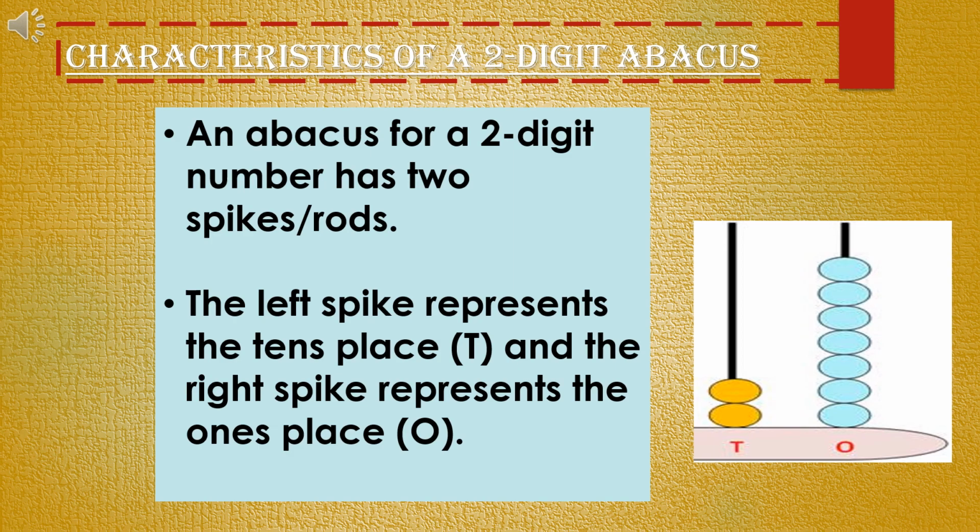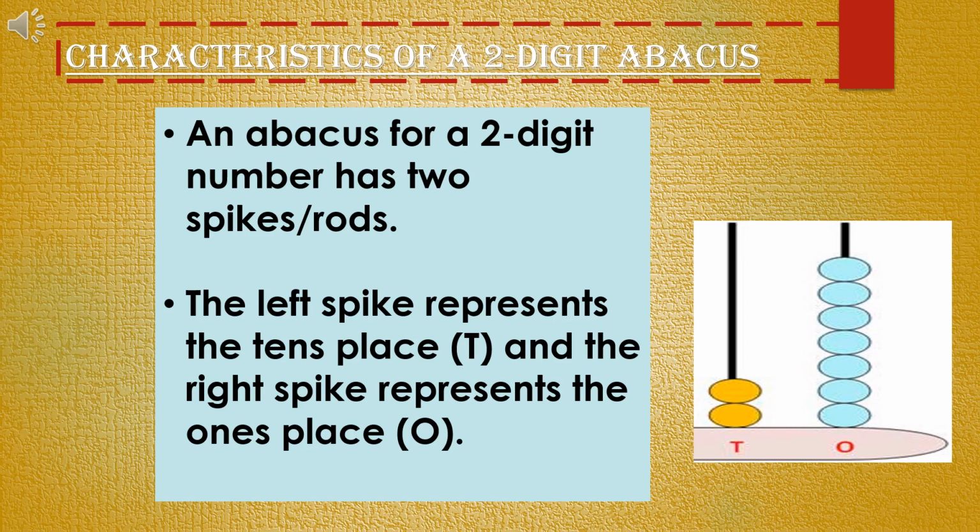Now let's see the characteristics of a two-digit abacus. An abacus for a two-digit number has two spikes or rods, you can say. And it is also shown in the picture on your right side. The left spike represents the tens place and the right spike represents the ones place.